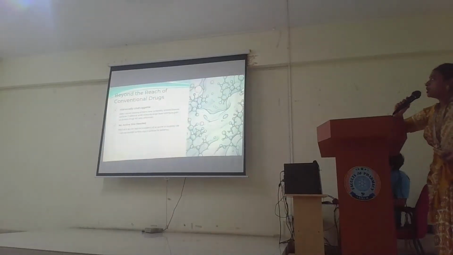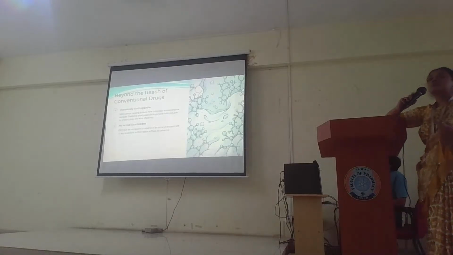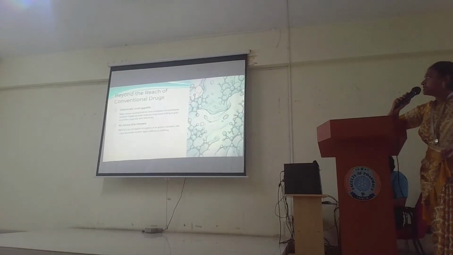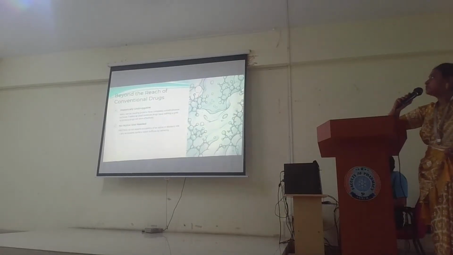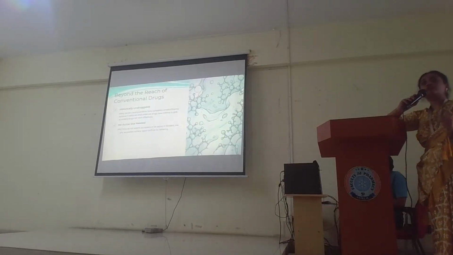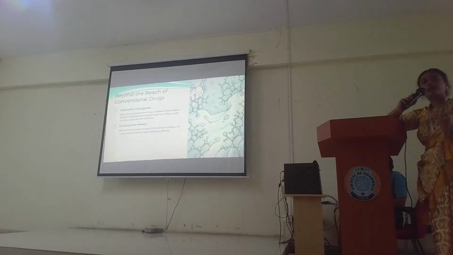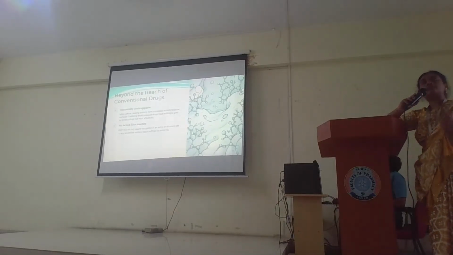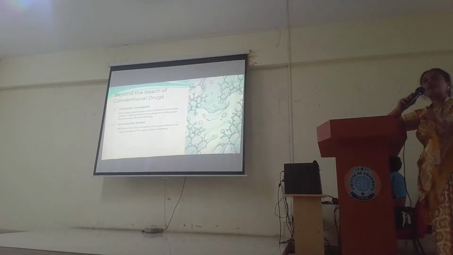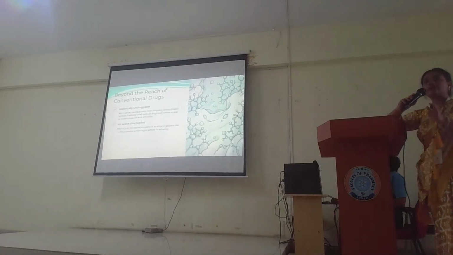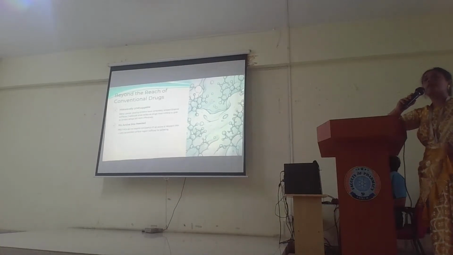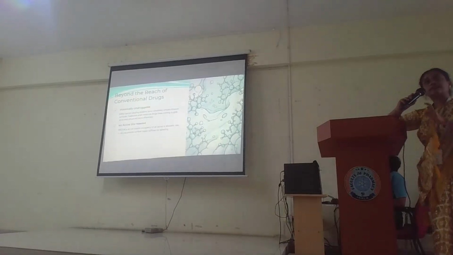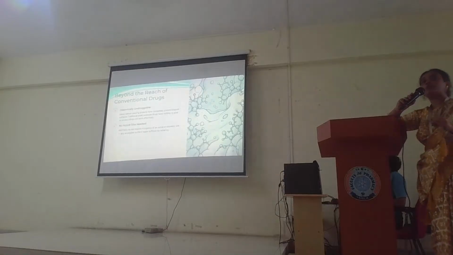Next, beyond the reach of conventional drugs. How do PROTACs act beyond conventional drugs? Many cancer-causing proteins have completely smooth, shallow surfaces. They do not have any pockets or sites, so it is difficult for traditional drugs to identify and inhibit them. Instead, PROTAC drugs grab the protein completely.